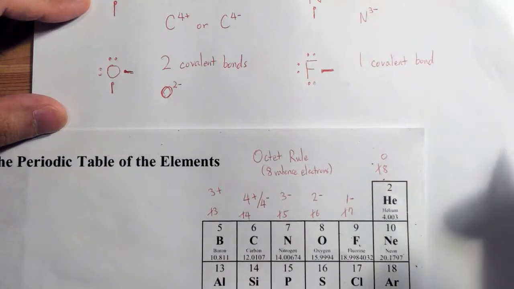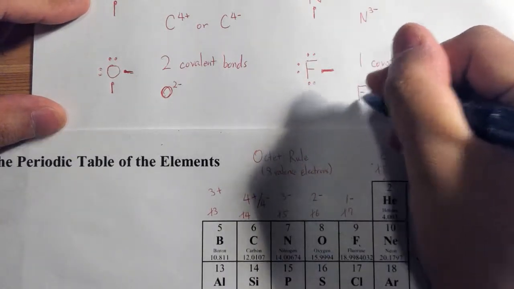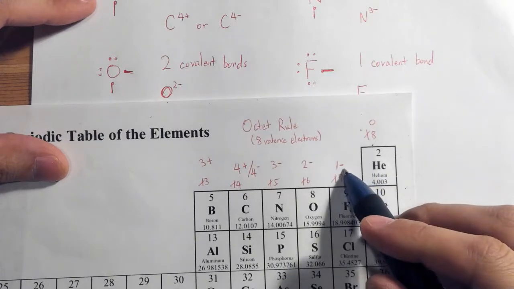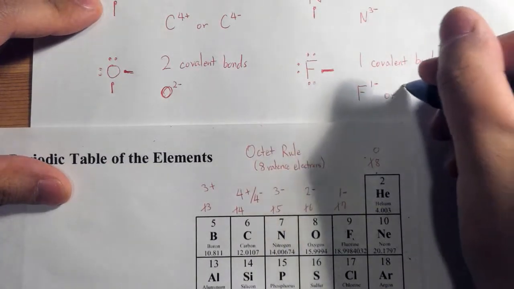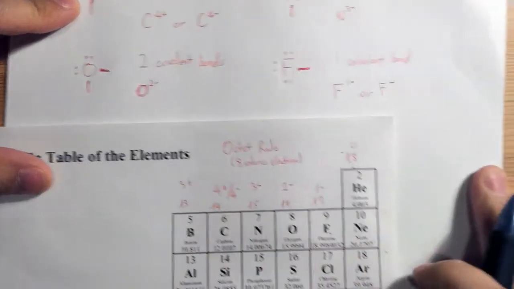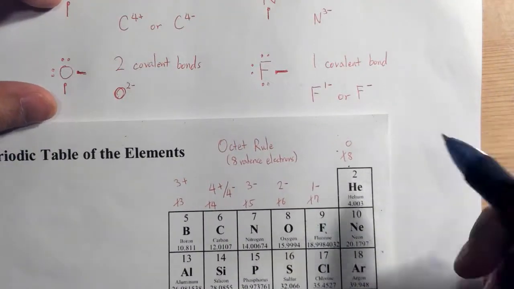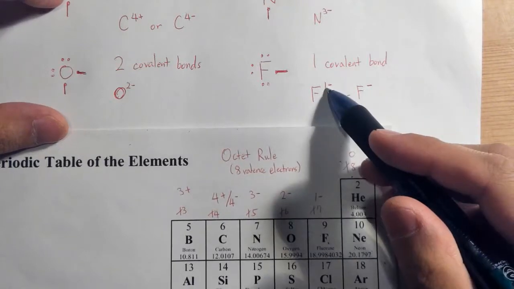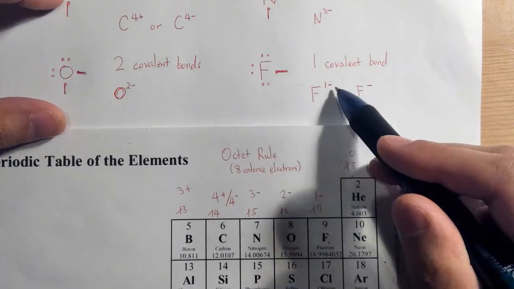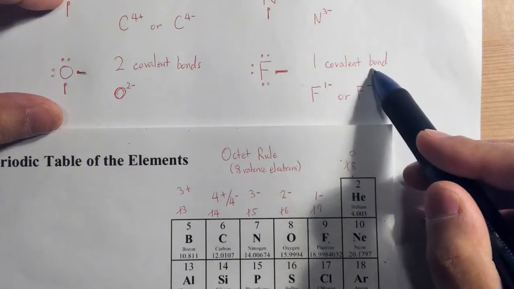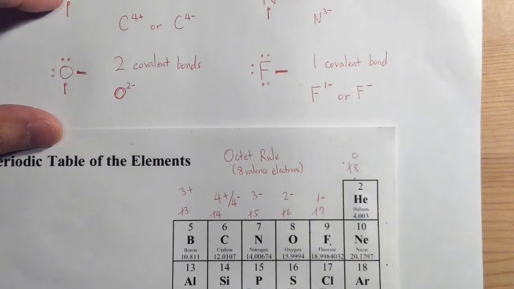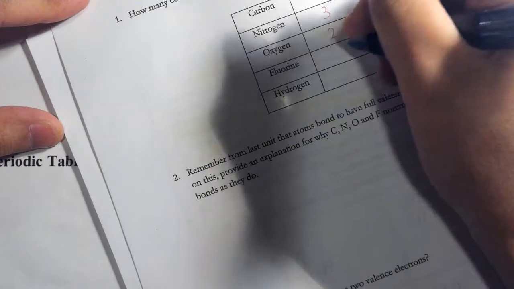Fluorine, if we look at the periodic table, has a 1 minus charge. So I'm going to put 1 minus, or you can just put F minus. It really depends on whichever you want to decide on. A 1 minus charge or a minus charge says that there's going to be 1 covalent bond.